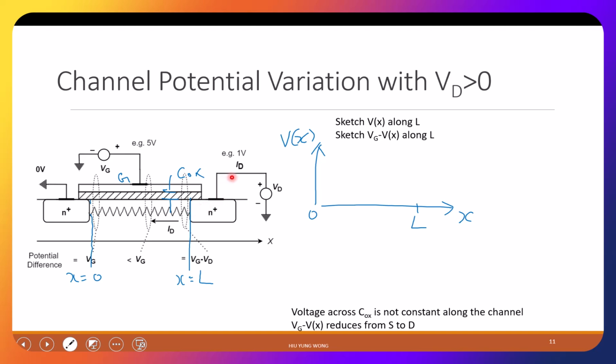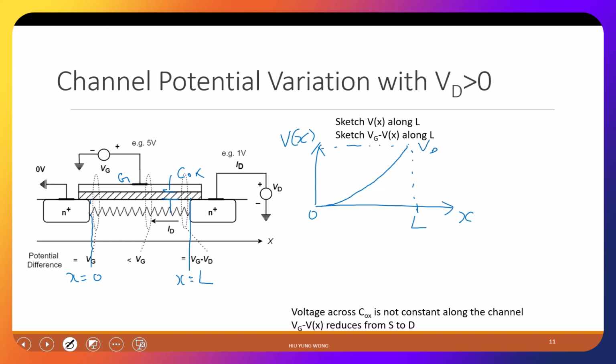Just say it, be brave. It's just the VD, right? Because I apply 1 volt to here. So it will increase, but it might not increase linearly, so we will just write it in this way. So at this point it is 0, and at this point it is VD.